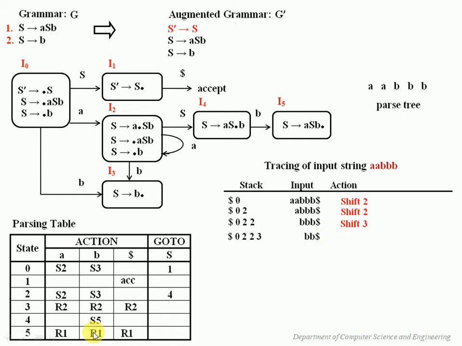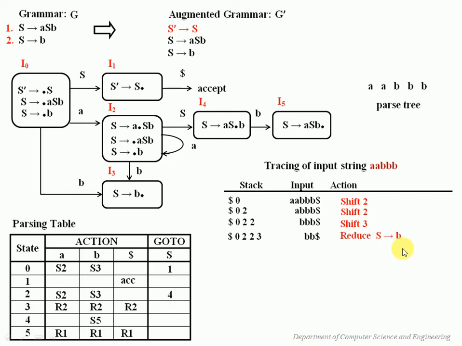So reducing using 2 means you are reducing using this production, so that will be mentioned here. So basically reduction happens for just the previous terminal. It is not this B which is getting reduced, but the B which it has already seen which is getting reduced. So it is reduce S gives B.